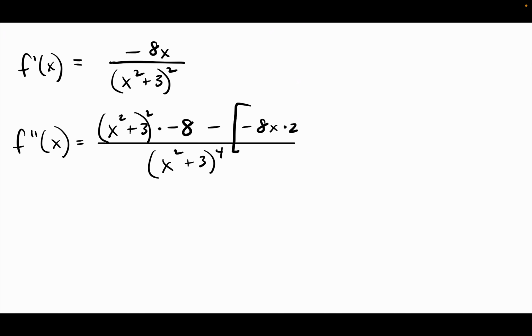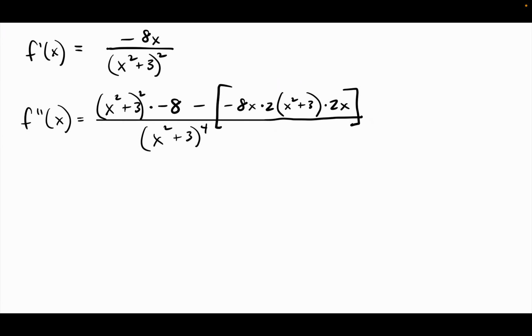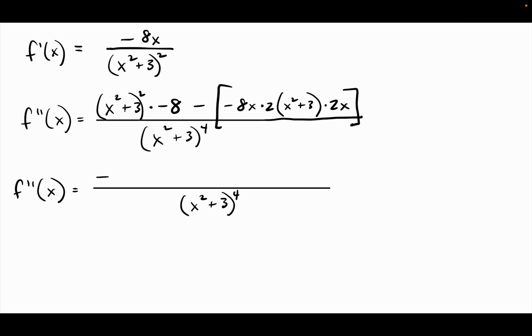So move 2 to the front, x squared plus 3, derivative of the inside is 2x. So the bottom is going to be x squared plus 3 to the 4th power. The top, I can't distribute the negative 8, so it's just going to be negative 8 parentheses x squared plus 3 squared.